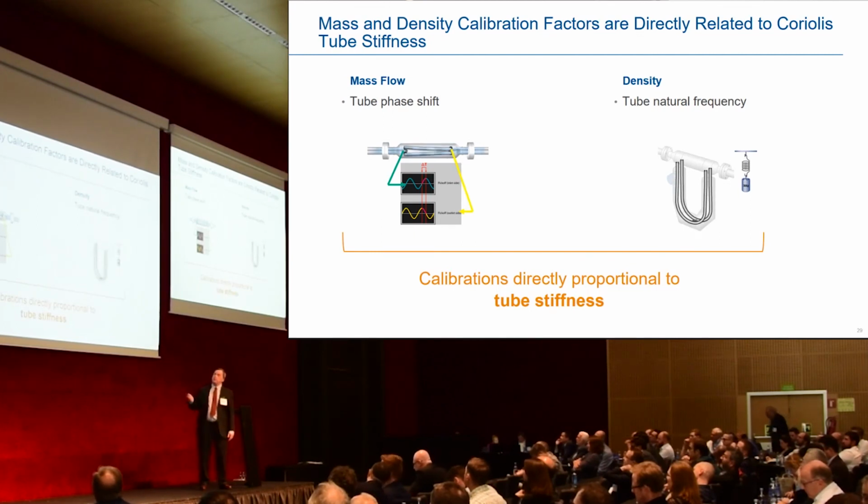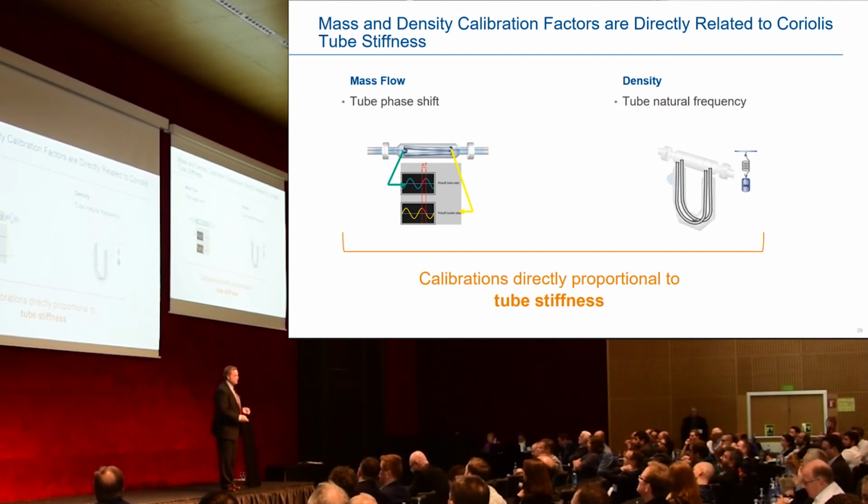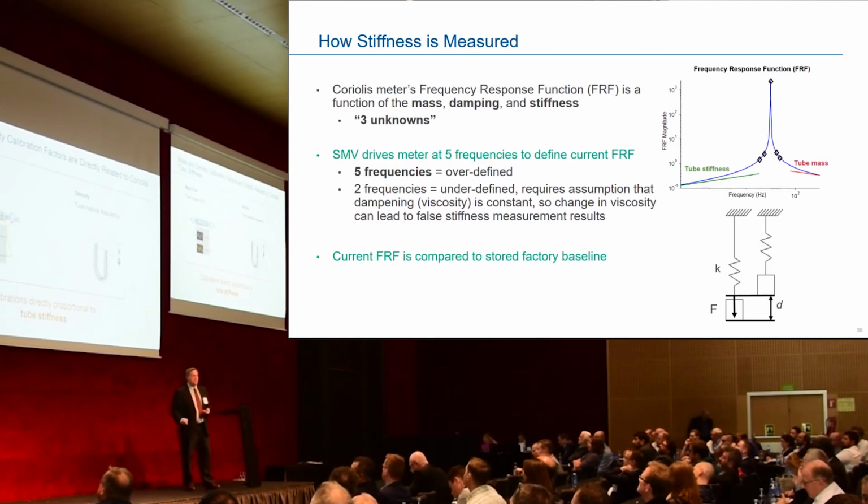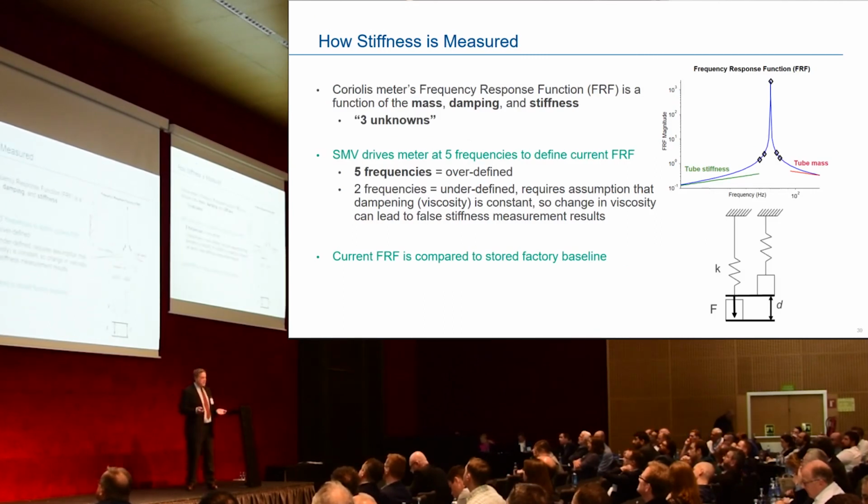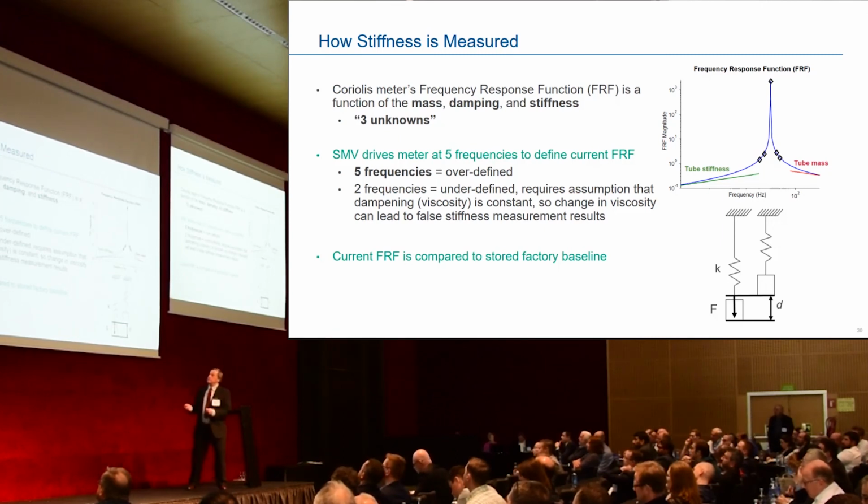But the most critical part of this is the ability to measure the stiffness of these flow tubes to tell if there's been any actual physical damage that would cause the calibration to shift, like erosion or corrosion. Although it's rare, if it occurs, it will result in a calibration shift because the stiffness of those tubes is directly related to the calibration.